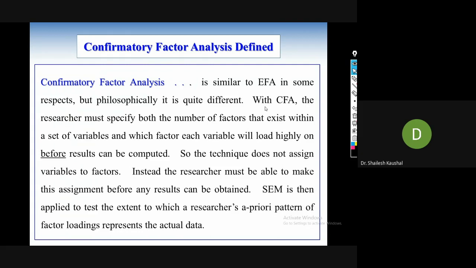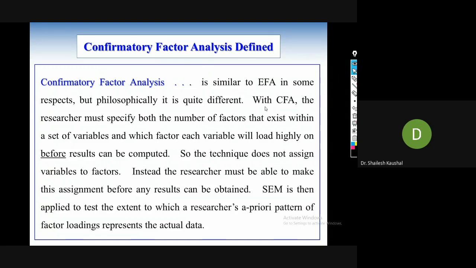But in exploratory factor analysis, the statistical value decides how many factors we should retain in our model, and we do not decide how many variables will be in factor 1.